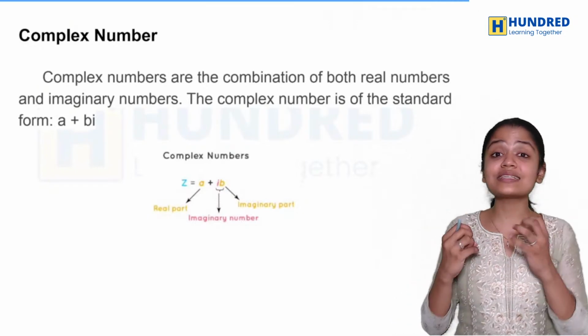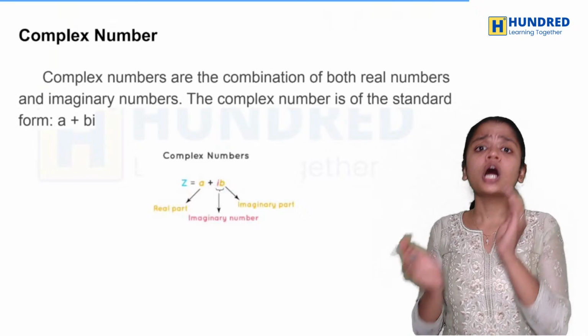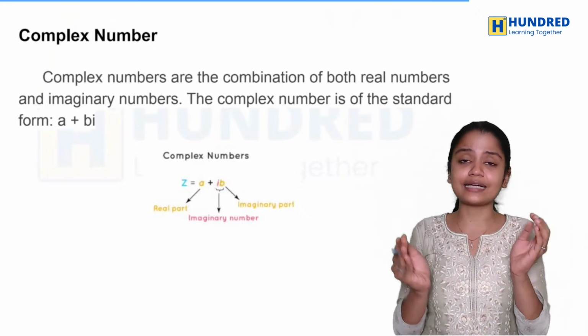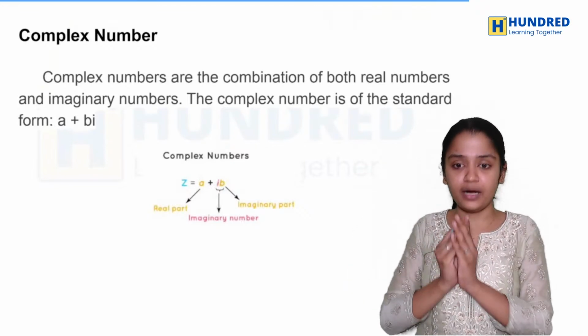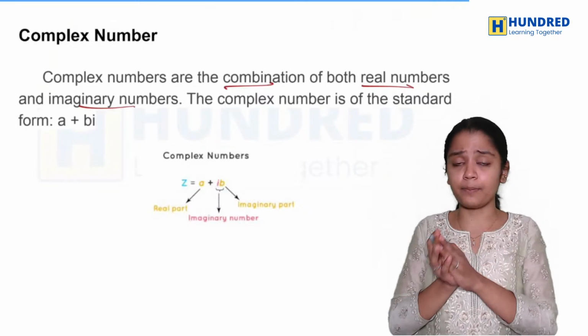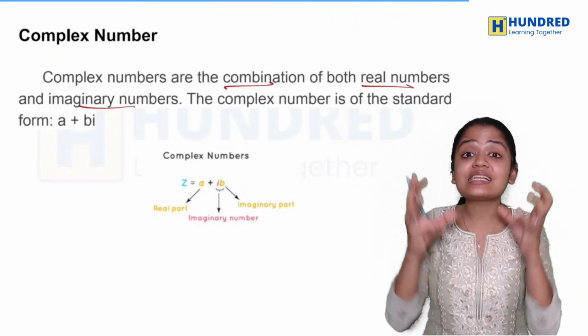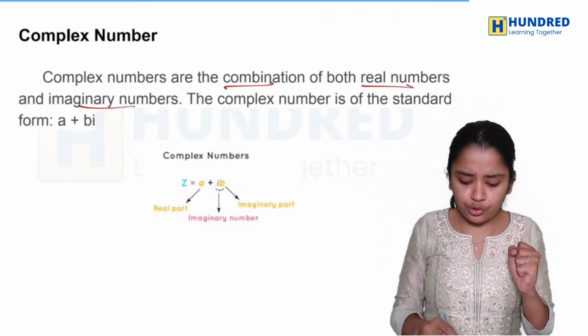So what is a complex number? A complex number is basically a combination of a real number as well as an imaginary number, right? That is called a complex number. So how do you represent it?